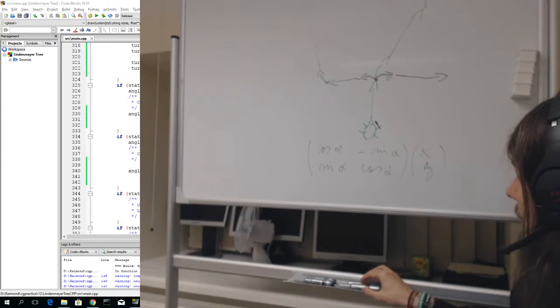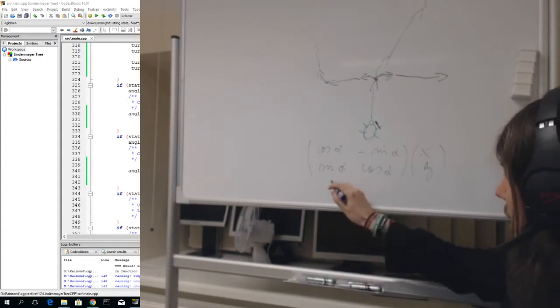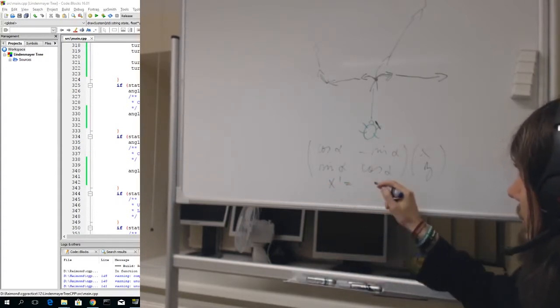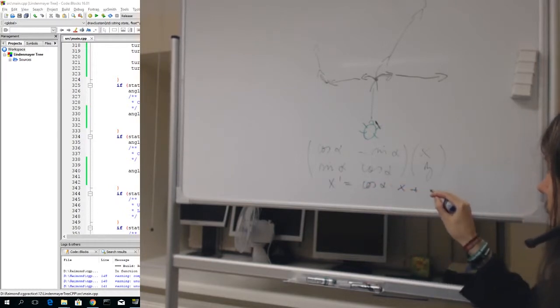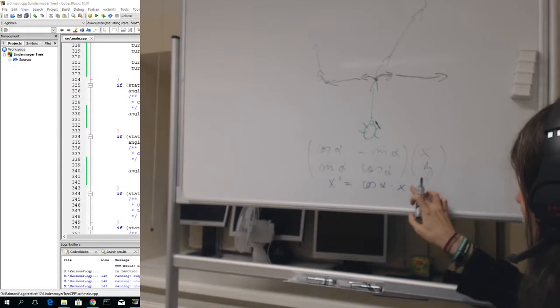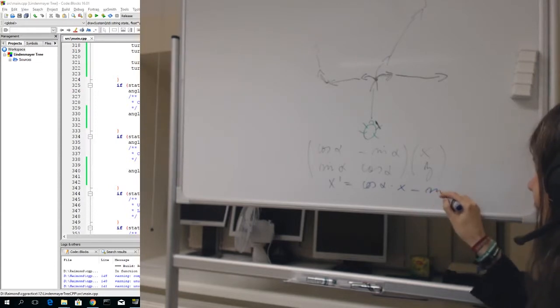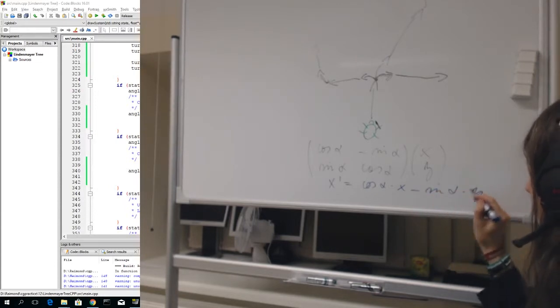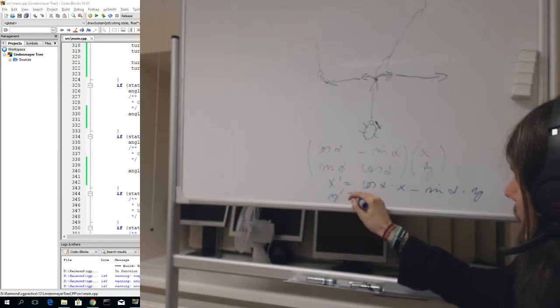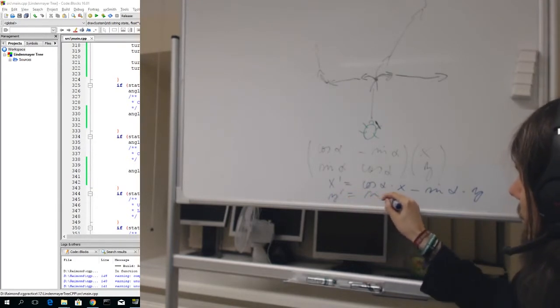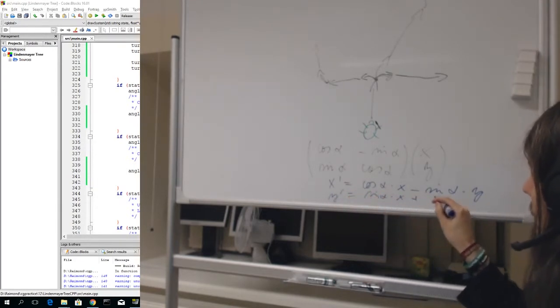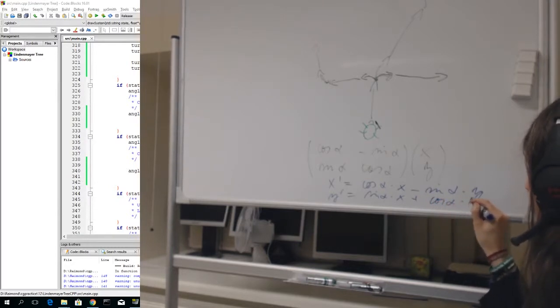Now, what does this say is that the rotated x is cosine of alpha times x, actually it's not plus, it's minus sine of alpha times y. And the rotated y is sine of alpha times x plus cosine alpha times y.